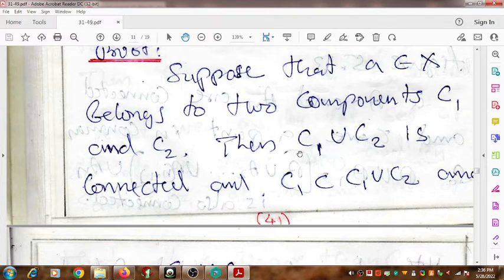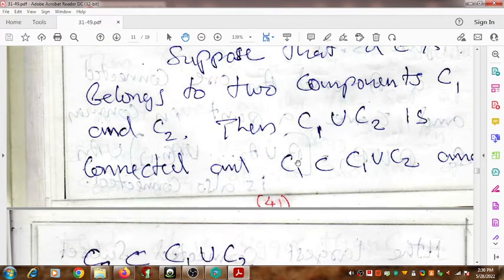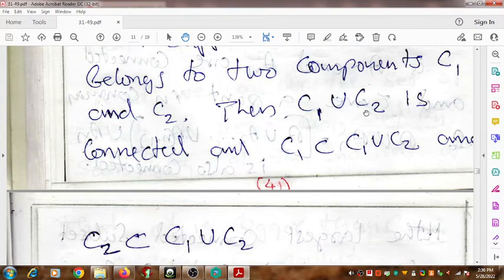Thus, by using a previous theorem on connectedness, the union of two connected subspaces of a topological space which share a common point is also connected. So C1 union C2 is connected, and C1 is contained in C1 union C2, and C2 is also contained in C1 union C2.